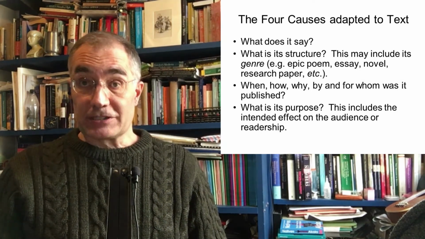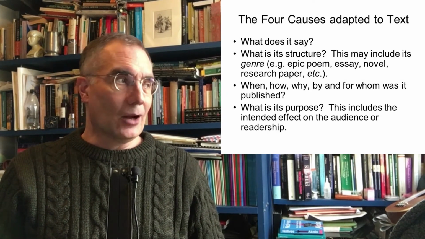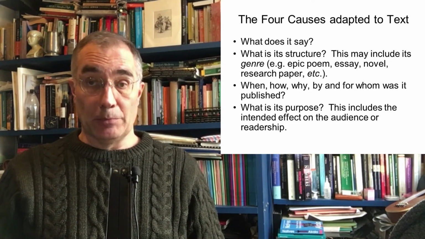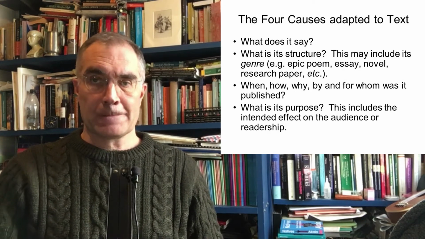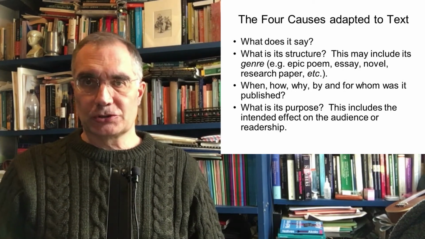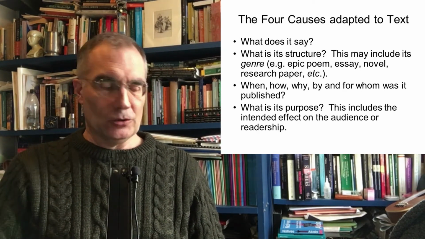That's the formal cause. The efficient cause, how, when, by whom was it written, and how, when, by whom, and for whom was it published, right? And where. The circumstances, all the circumstantial stuff. That's the efficient cause, right? The time and the place, the people involved.